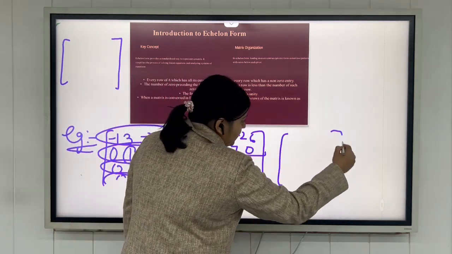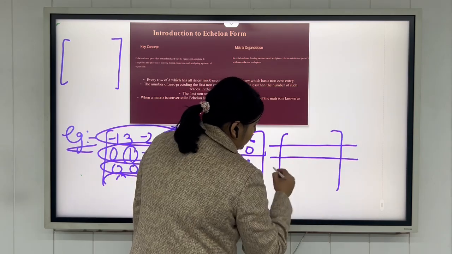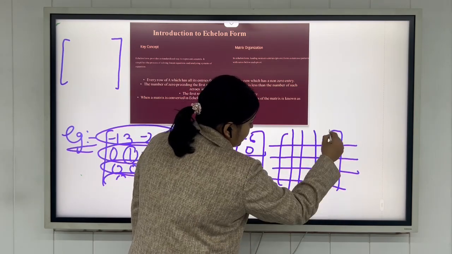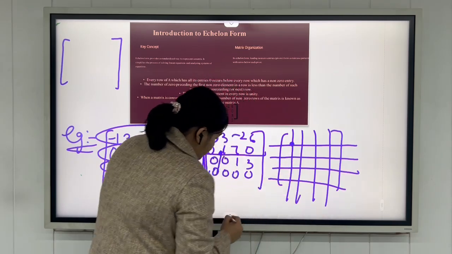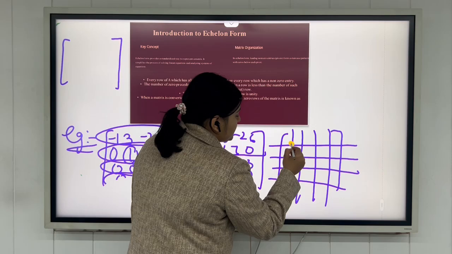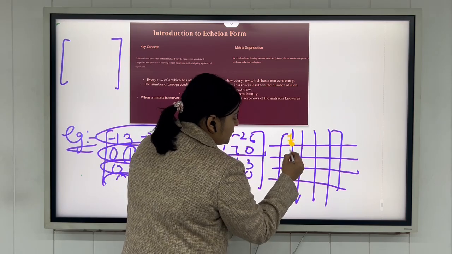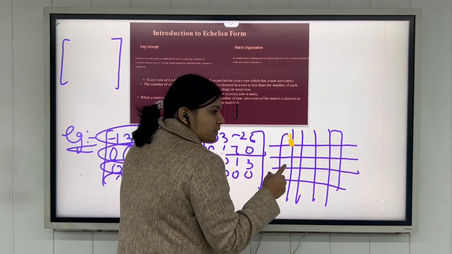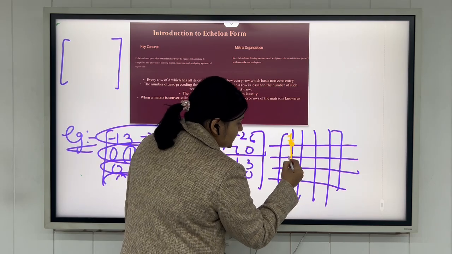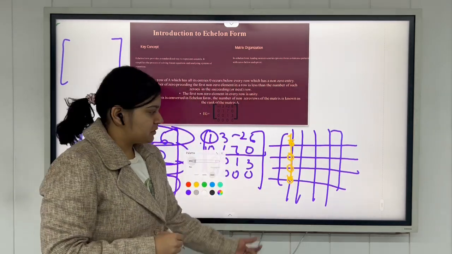So if I want to explain it in a symbolic manner, if this element is already chosen to be 1, you will be applying the row operations in such a way that you get 0, 0, 0 by elementary transformations.